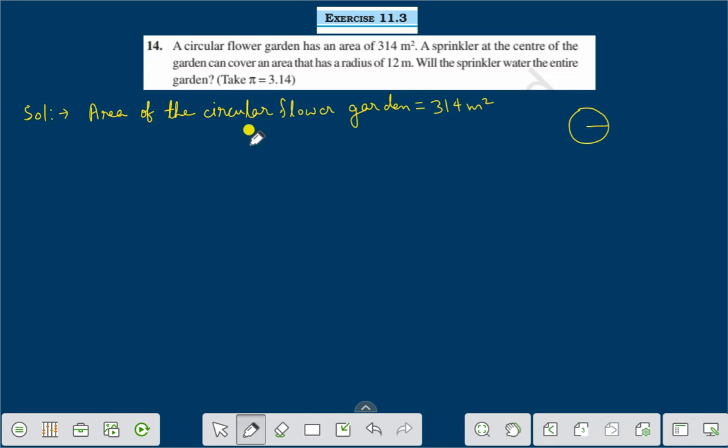You know that the area of a circle is pi r square. Therefore, pi r square is equal to 314.